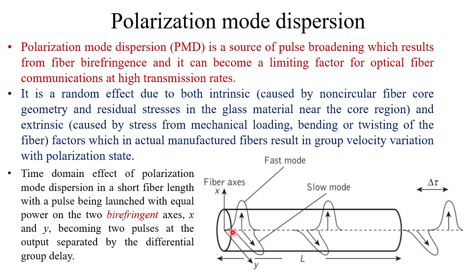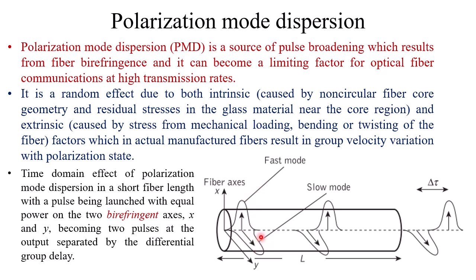Basically what it means is that along the y direction and along the x direction we have different velocities, right? So here we have a fast velocity and here we have a slower velocity.